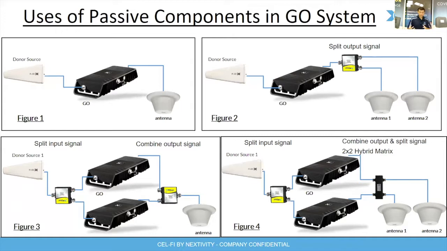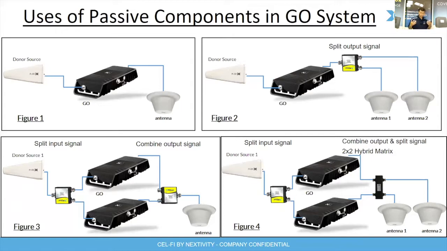We are going to take this concept one step further. Right now, we're going to take a look at the input port. So in figure 3, the example is what happens if I have two different mobile wireless operators using the GO system. How do I support it, or how do I design it?